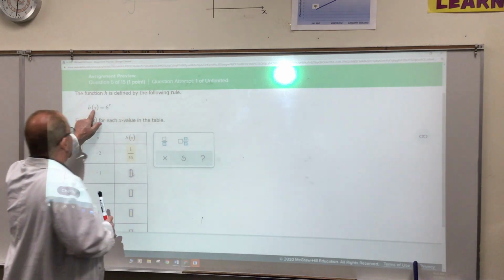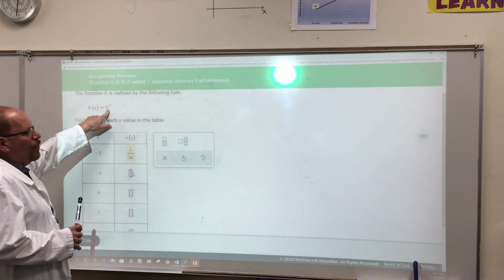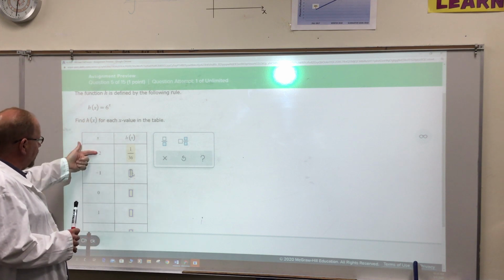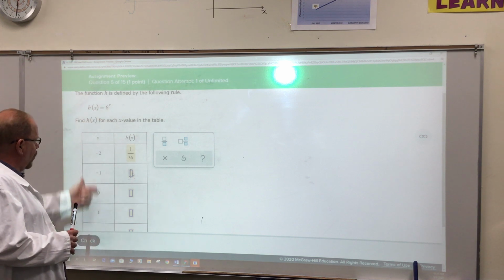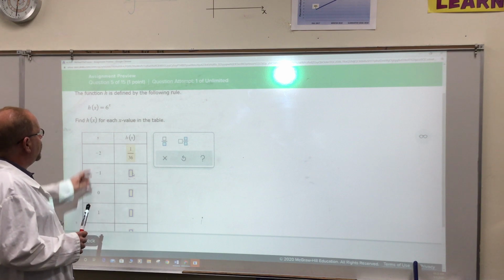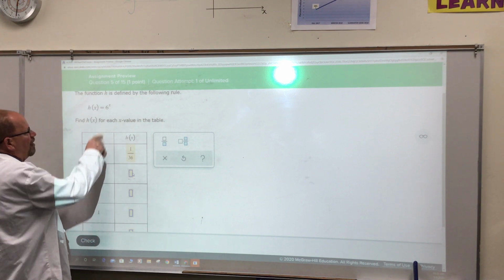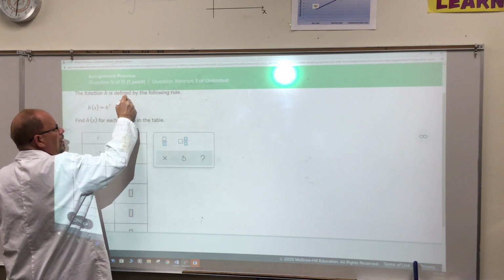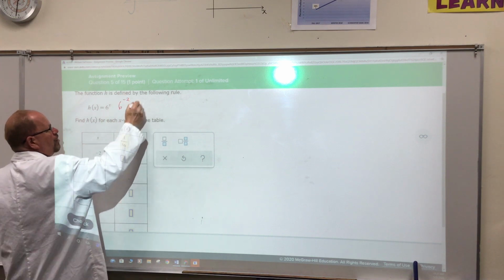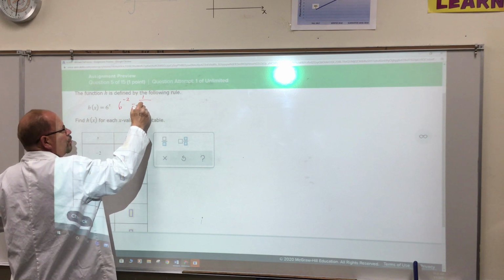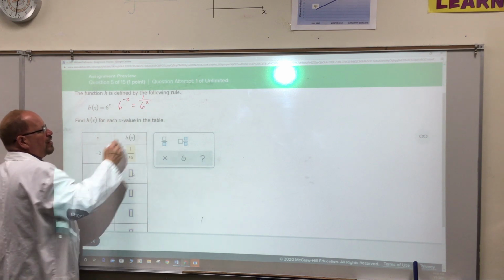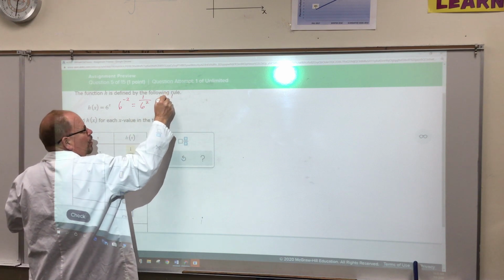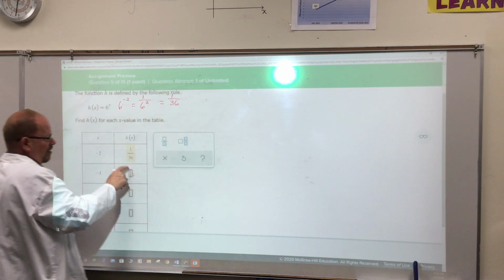You can put this in and use the table function, and it'll give you the whole table, tell it to start at here and end here and go by ones. Or you can put these numbers in one at a time. 6 to the negative 2. In 8th grade we taught you this is the same as 1 over 6 to the positive 2, which is 6 times 6. 1 over 36.